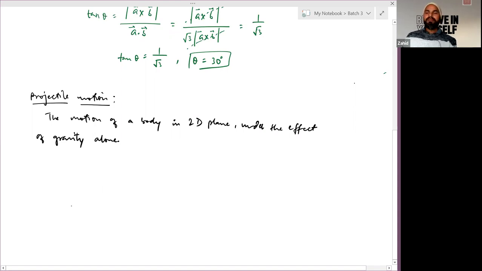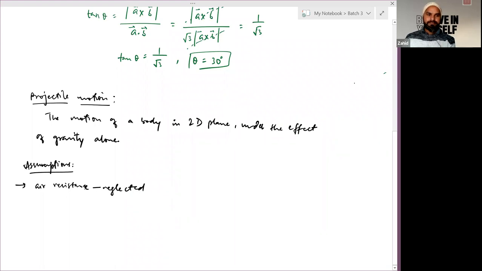Now, for this projectile motion, we have certain assumptions. First, air resistance is neglected. Next, horizontal velocity is constant throughout.